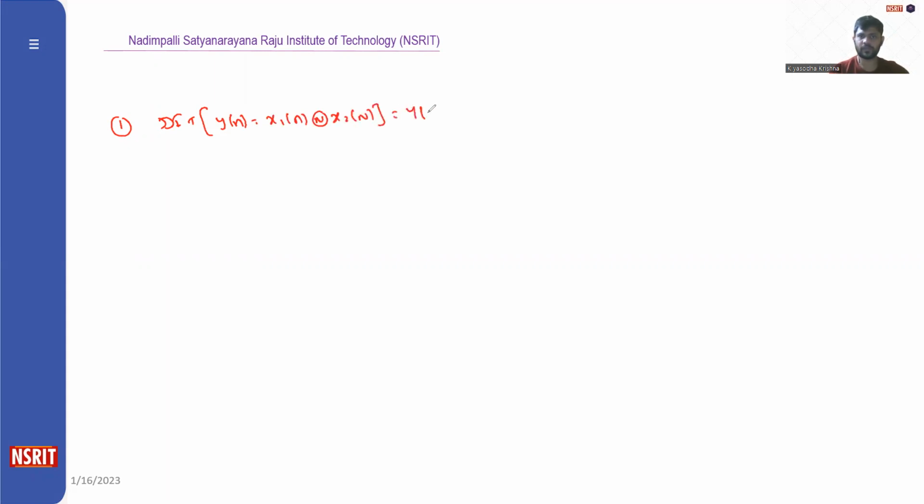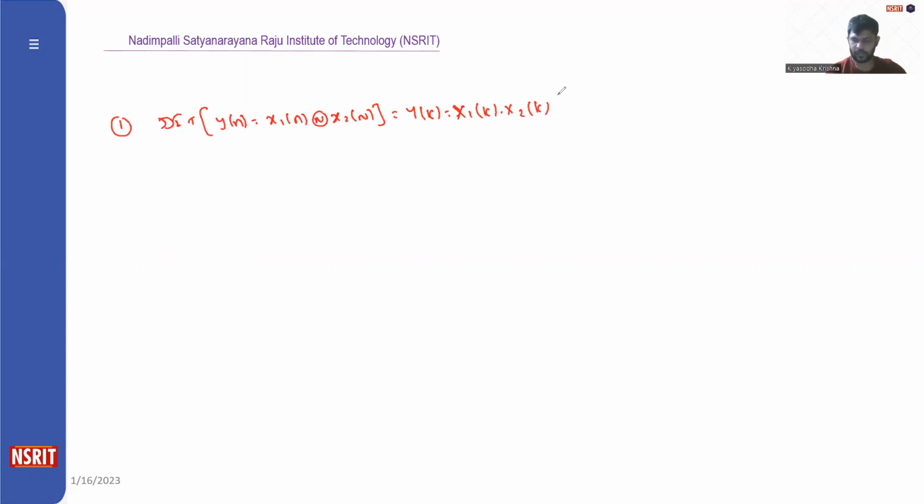This is nothing but y of k is equal to x1 of k into x2 of k, where we find the statement that convolution in one domain is nothing but multiplication in another domain.